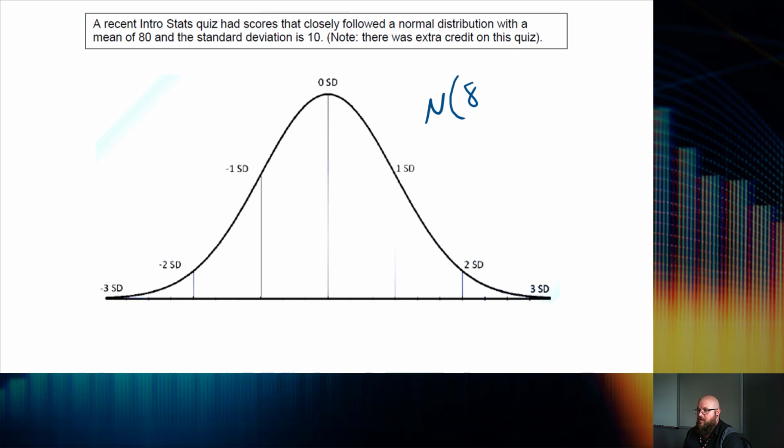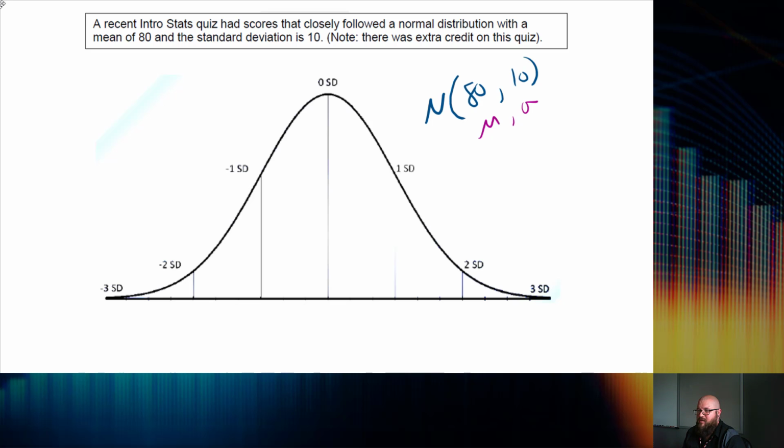Our mean was 80, and our standard deviation was 10. That is how you will always label these curves. When you draw a normal curve, you'll label it with N for normal, and then list your mean value and your standard deviation. That explains how the curve will be laid out number-wise.